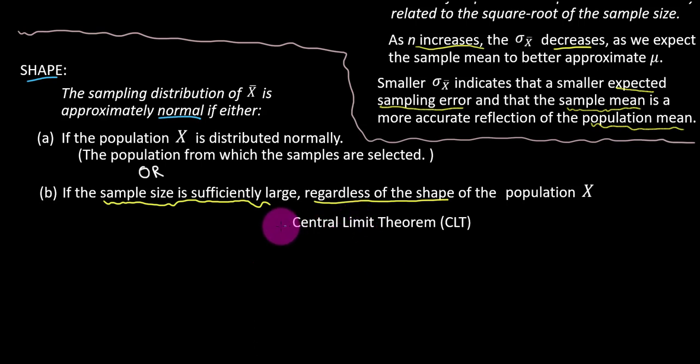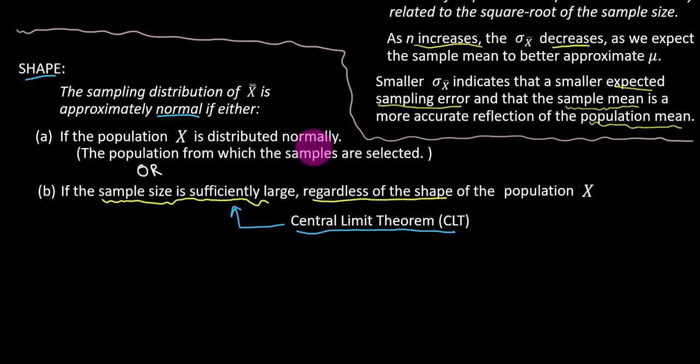Part B here is referred to as the central limit theorem, CLT, and it is probably more often used in practice than Part A, because often it is unknown what the population distribution may look like. And so what is a sufficiently large sample size?